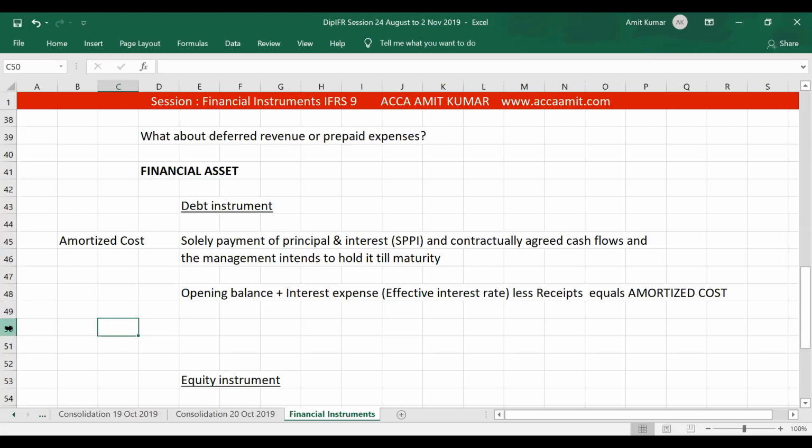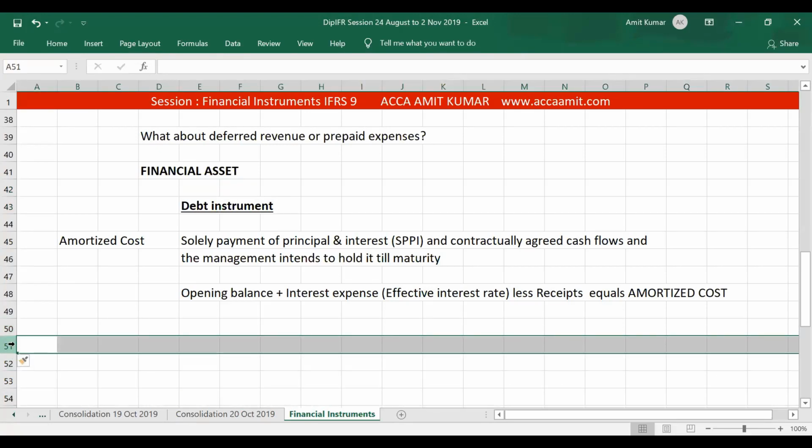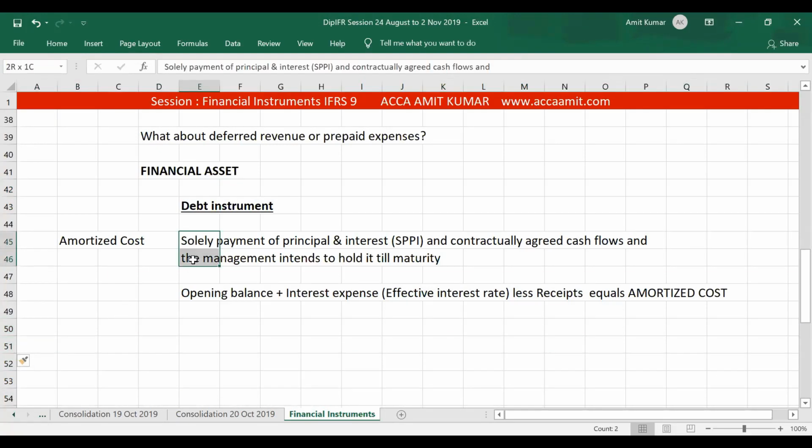Can you continue to recognize it at amortized cost if you intend to sell it as well? It is a debt instrument, everything remaining constant. The only thing which changes is solely payments of principal and interest.